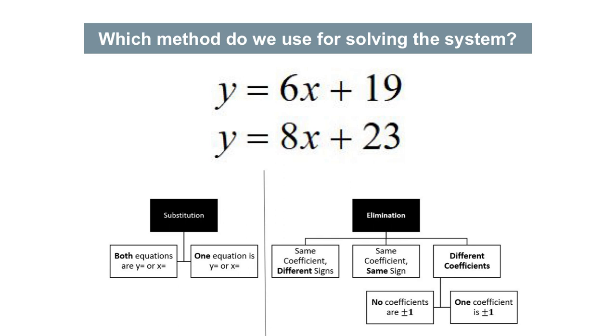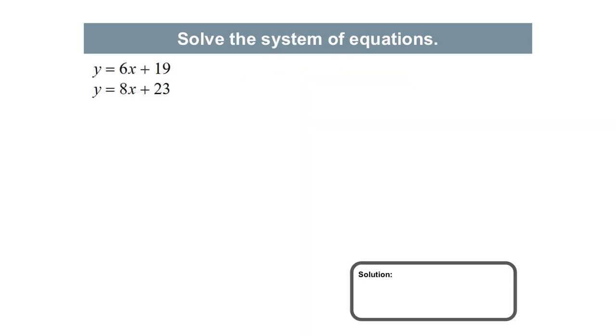Think about which method you will use for solving this problem. Hopefully you chose both equations, or y equals or x equals, so that means that we will be doing substitution. So I'm going to take this part of this equation and plug it in for y.